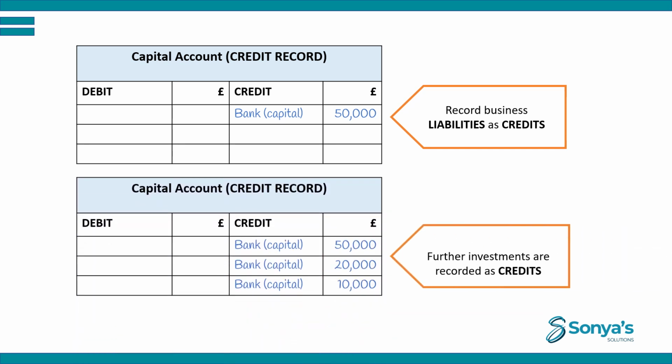Further investments are also recorded as credits. To calculate the total amount invested, we add up all the credit entries. Recording it in the liability account shows the readers of the statement of financial position that £80,000 is owed to you or other investors.